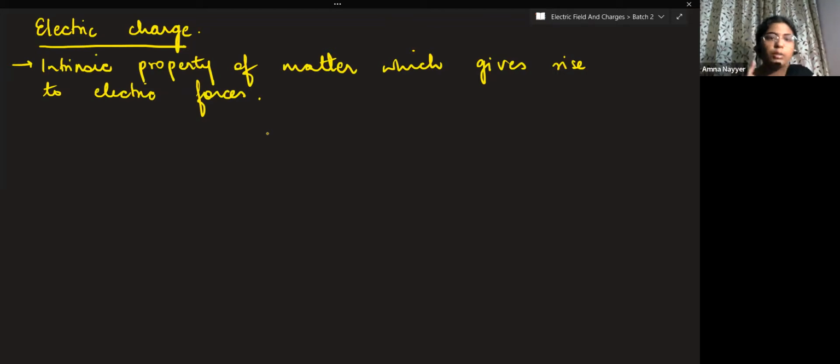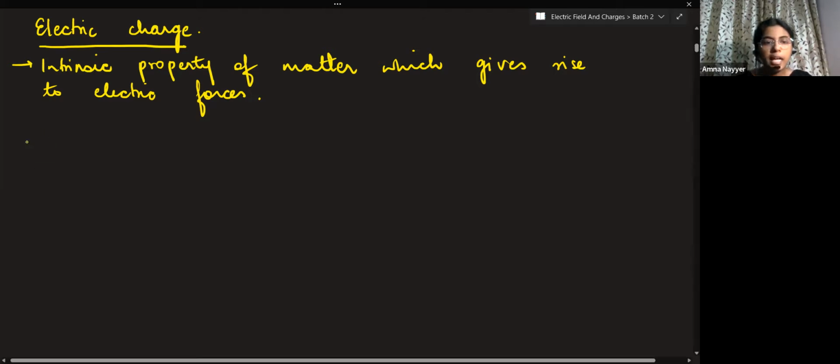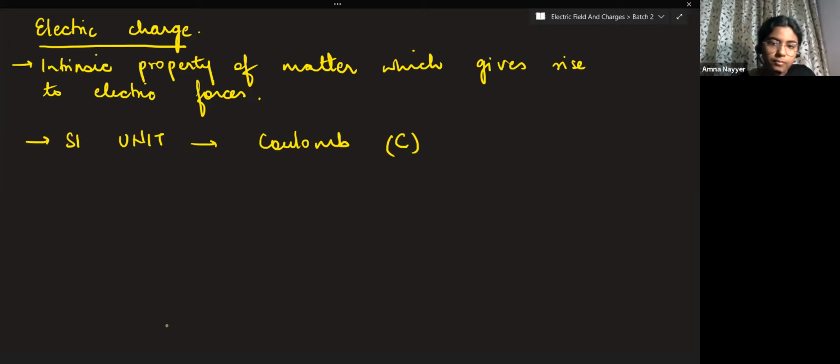All right. Now the SI unit of electric charge. This is coulomb, usually represented through a capital C. If I give you an example, what is the SI unit of force? Correct, Newton.